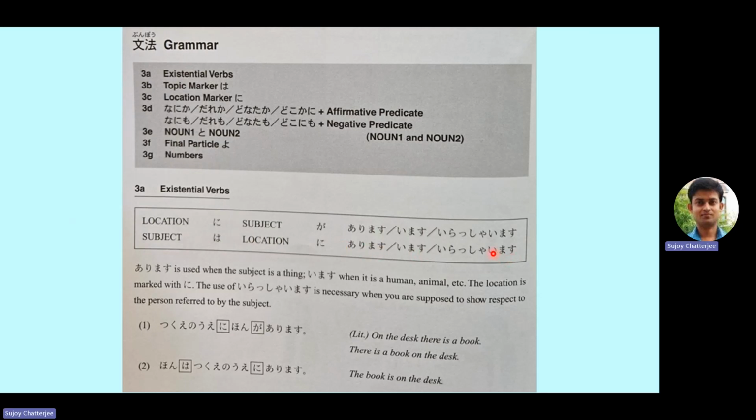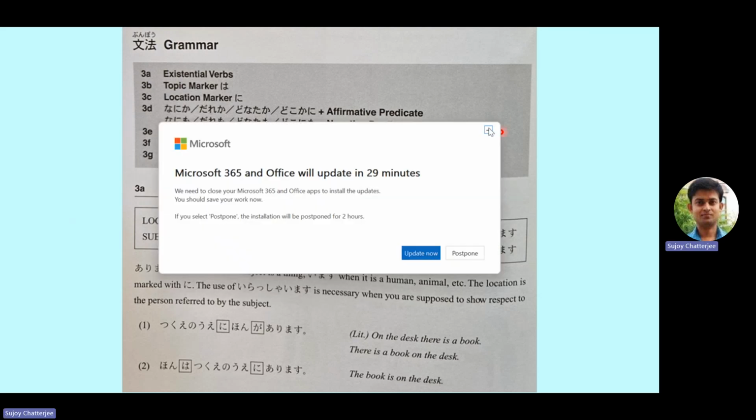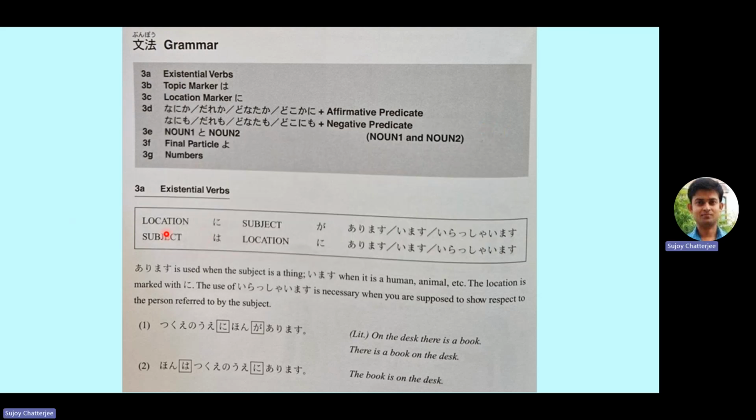Now we can see here that the ni particle always follows a location, that is fixed. But when it comes to subject, in the first situation there is ga after the subject, and in the second case there is wa after the subject.